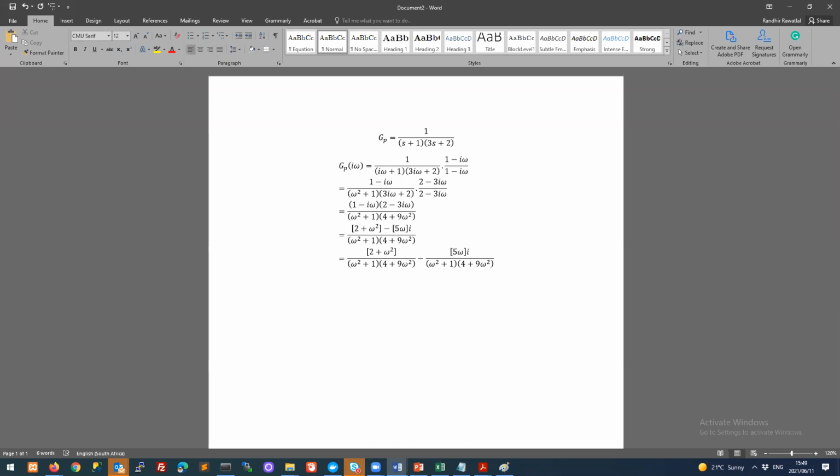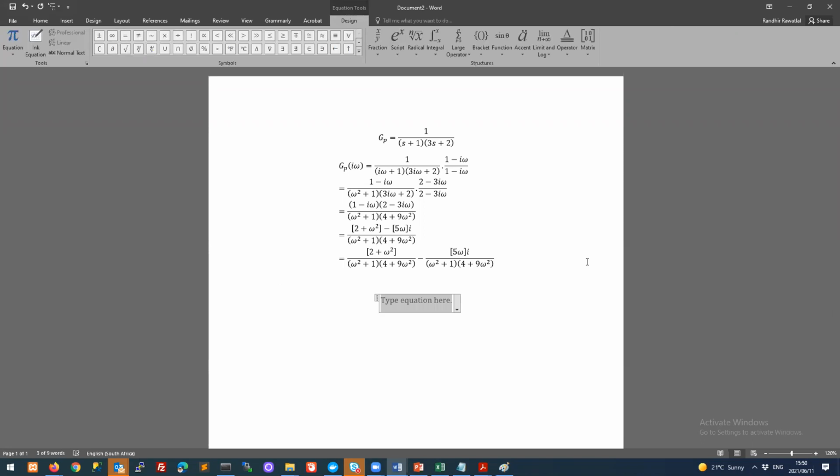Then for the Bode diagrams, we do things a bit differently. So you can say L equals 20 log 10 of G of i omega. And now we've done the work of separating them into these two parts, but normally, okay, let's just use it like that.